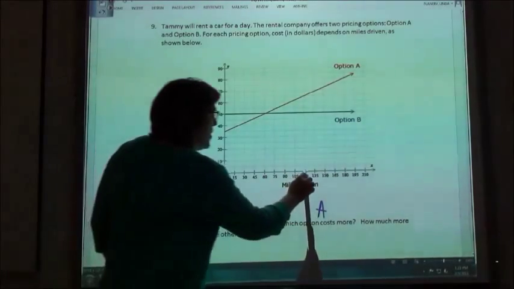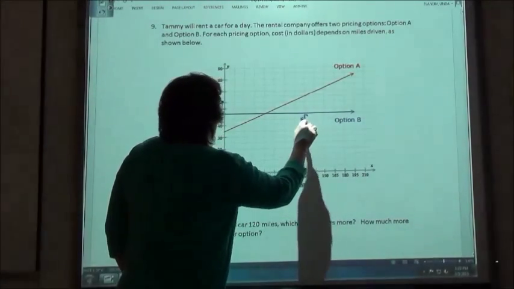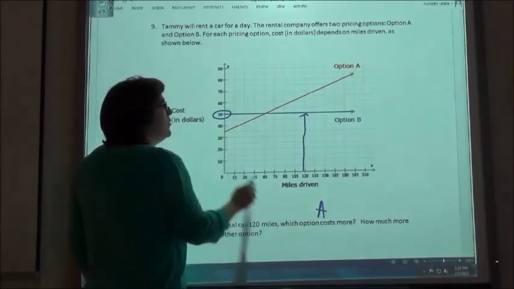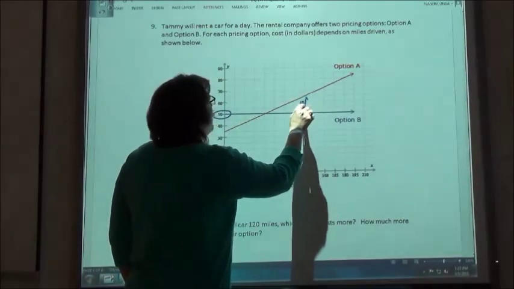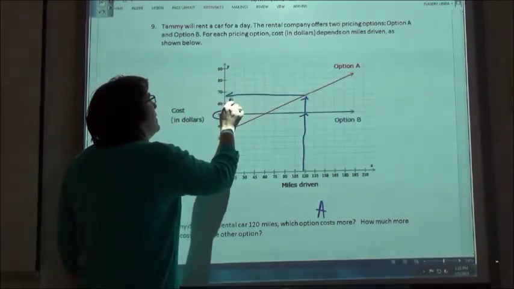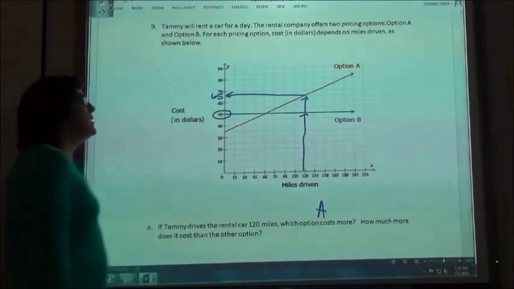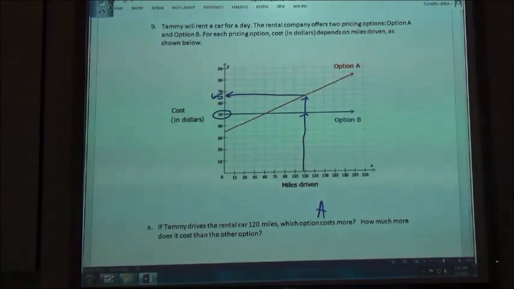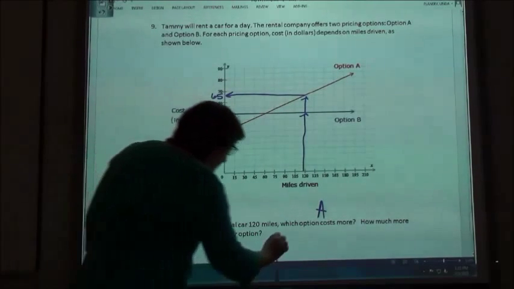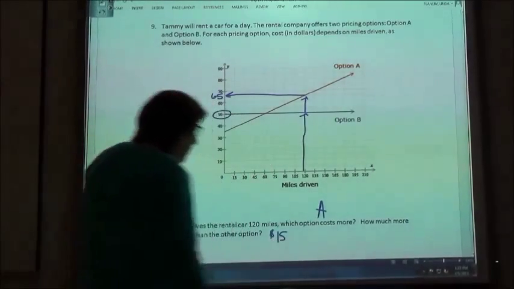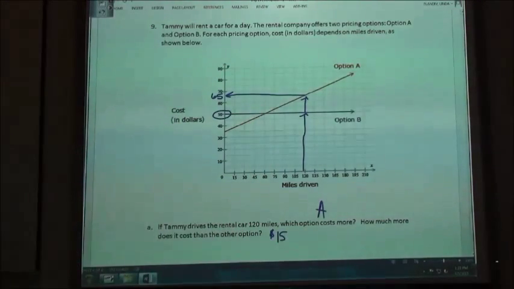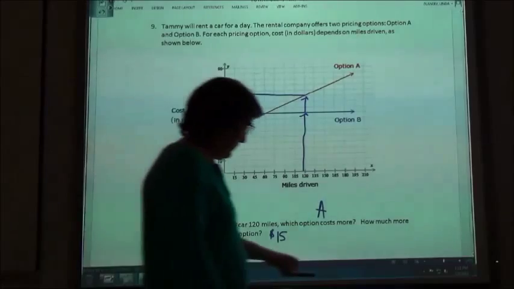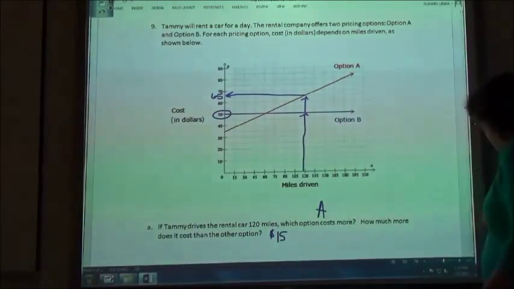So at 120 miles, option B is costing me $50. Option A is going to cost me $65, right? So how much more did it cost? $15. Second part of that.